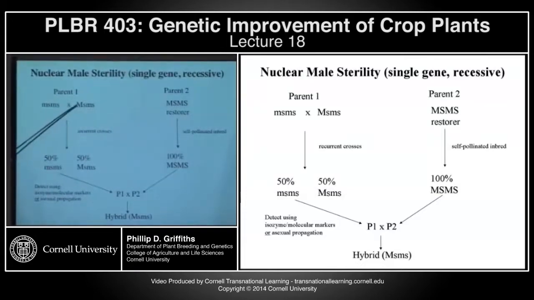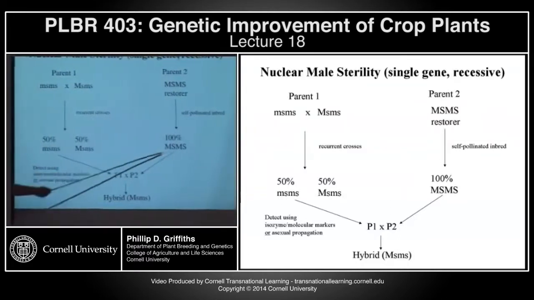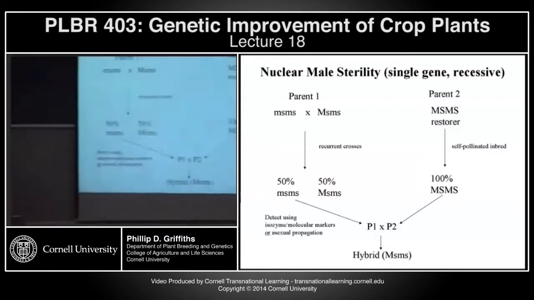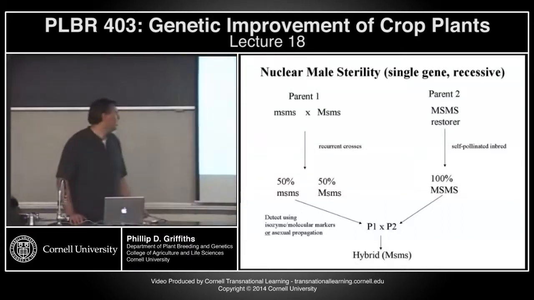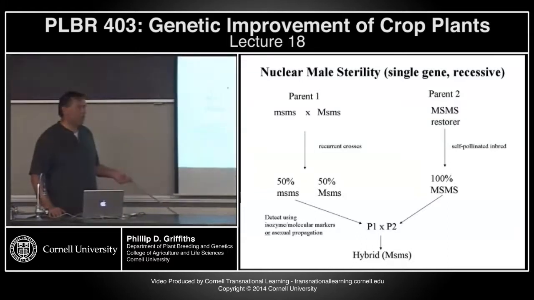We need a heterozygous parent in order to ensure that we get a 50% segregation of the male steriles. The male sterility here can then be restored by producing a hybrid that's heterozygous at that locus. This often involves the use of isozyme or molecular markers, for example.